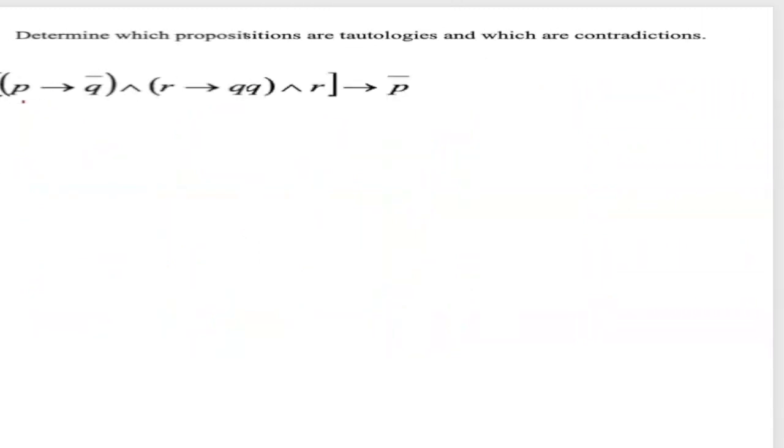For the next one, I have P imply negation Q, and R imply Q, and R imply negation P. We have 3 letters, so it means we have 8 rows. Let me adjust my screen.